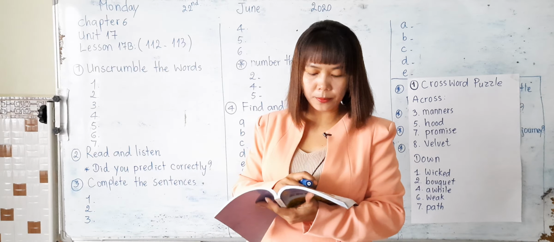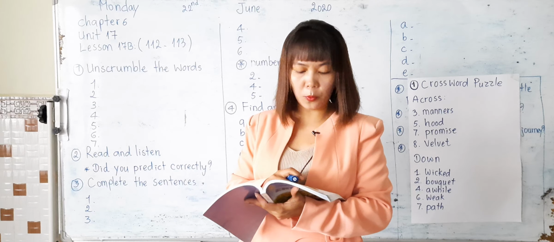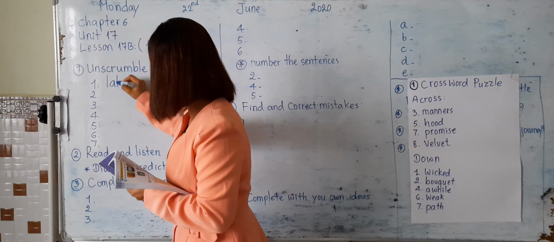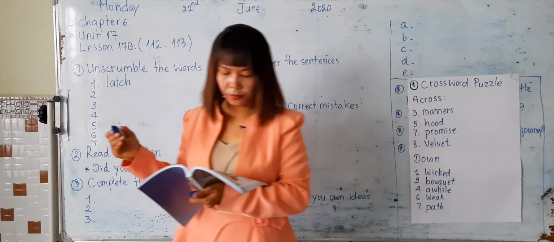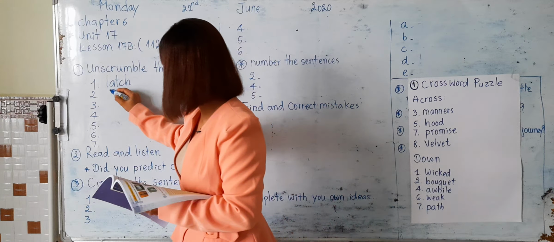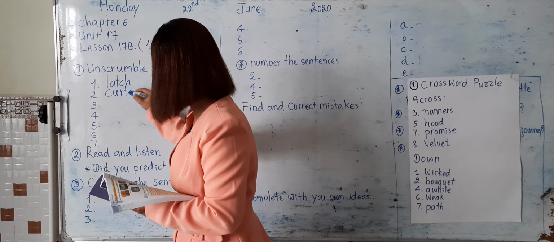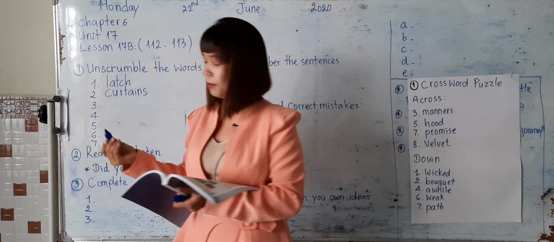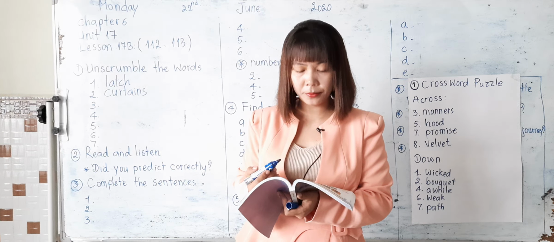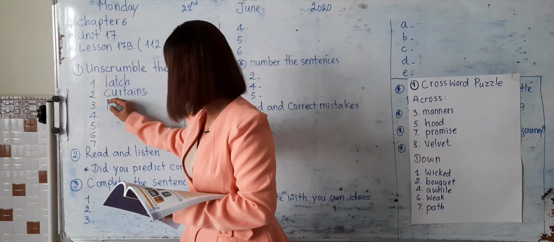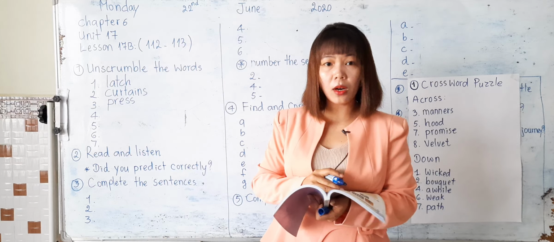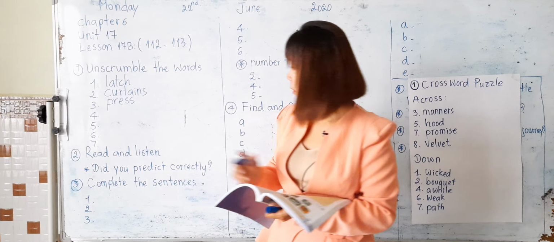Picture 1. So what is it? Picture 1 is ledge. Picture 2, curtain. Picture 3, press. Picture 4, cap.